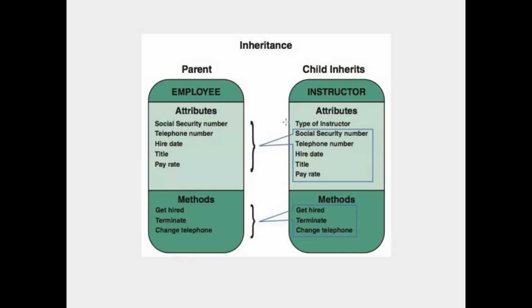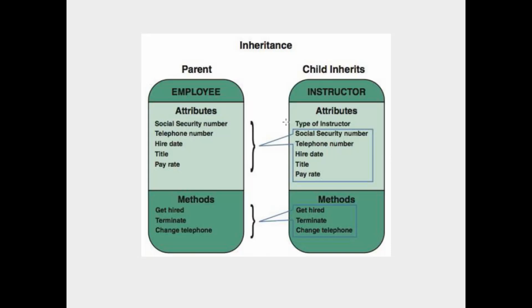So in this example, you can see we have a parent and child relationship. More specifically, you can say a class and subclass relationship. This is what you see. We have a parent and child, employee and instructor.